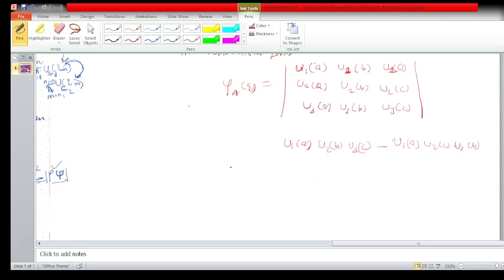So in general, you can write an antisymmetric wave function like this. You can use U or you can use I here.